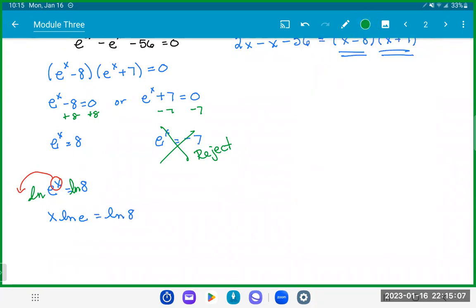But if you recall from the lessons, ln of e is really just equal to 1, right? So put that in your calculator. You could put ln and then the variable e, hit enter, and you will see you're returned a value of 1, okay? So we can simplify this to say that x is equal to the ln of 8.